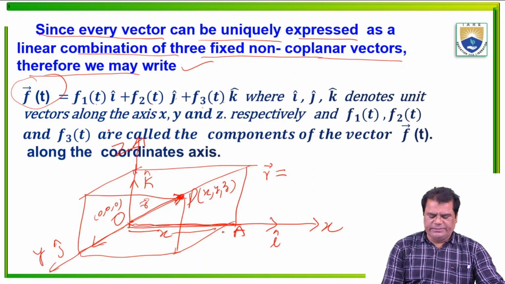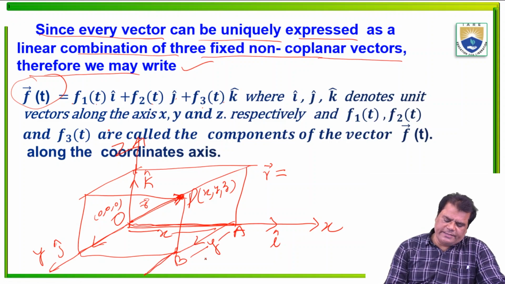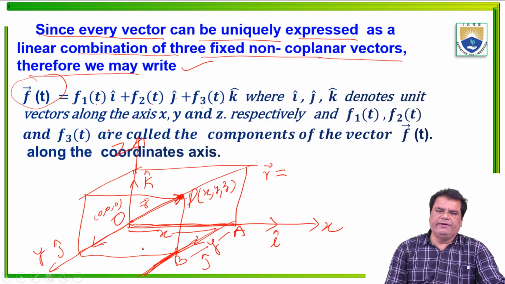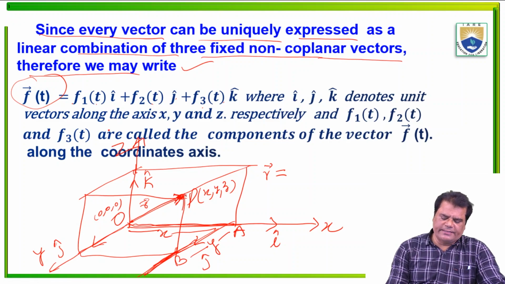Next is AB, which is the y distance along this axis. This is the j vector along the y axis, parallel to this. So this is y. And this is the k vector, BP, and this value is z.